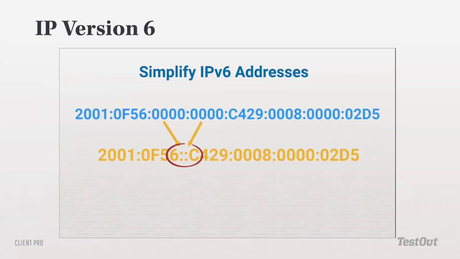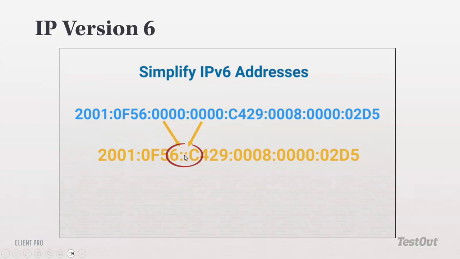Now, something that we can do in IPv6 that is not possible and frankly not needed in IPv4 is simplify an IPv6 address. Notice we've got 2 groups here of all zeros. What we can do is use 2 colons, and everything between those 2 colons is assumed to be zeros.